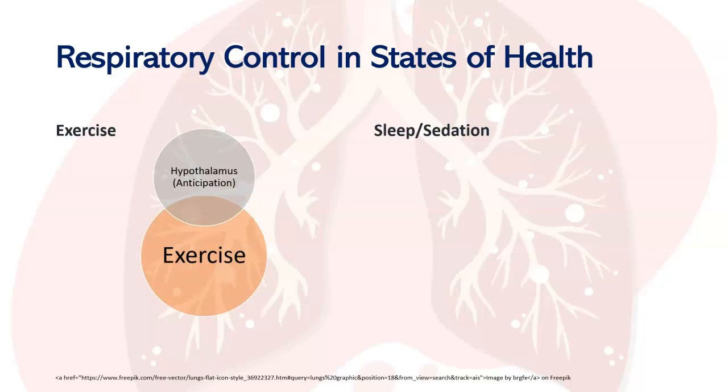Even before we start exercising, the anticipation will stimulate the hypothalamus and reticular activating system, which in turn starts the process of stimulation of the sympathetic nervous system, and this has a direct effect on the respiratory center, leading to increased rate and depth of respiration.